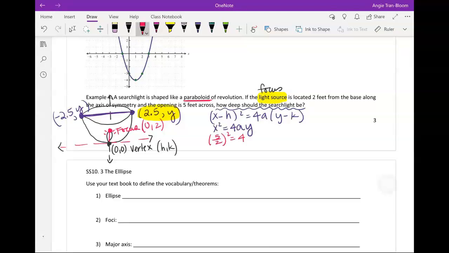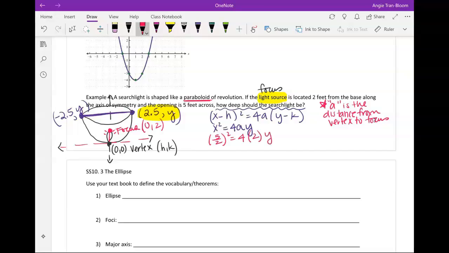A, so let's remember, a is the distance from vertex to focus, or vertex to the directrix. So remember that. Since we have the focus, a happened to be 2 feet. So plug that in and we're solving for y.